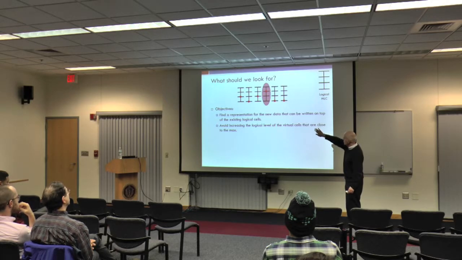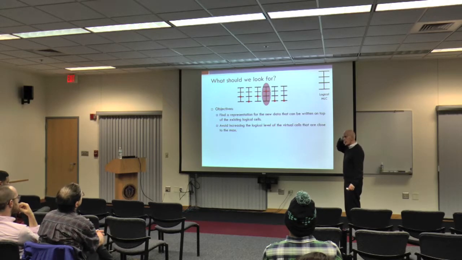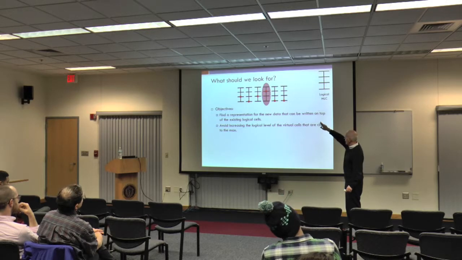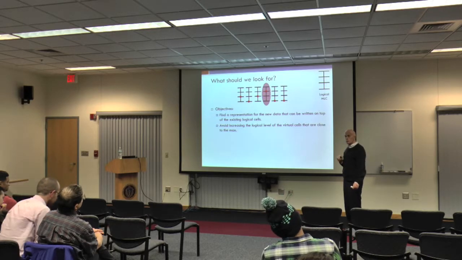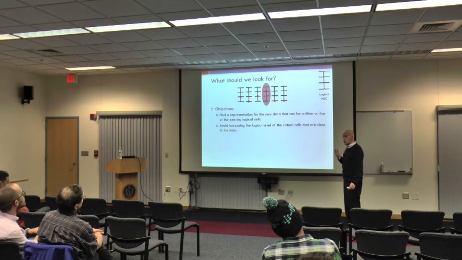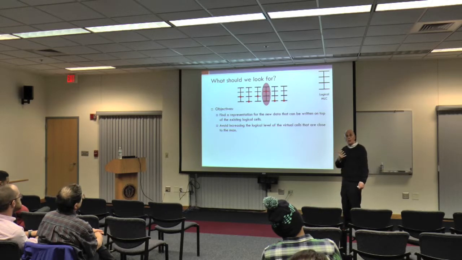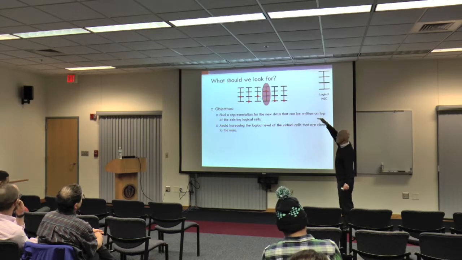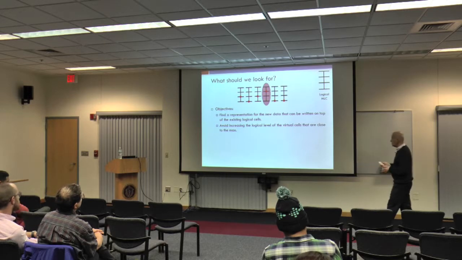So here you can think about what I'm doing is I have two objectives. I don't want to increment, but if I increment, I want to spread the wear uniformly across my cells. At the end of the day, when I erase my cell, I want pretty much all of those levels to be at the top, because then I haven't left any capacity on the floor.